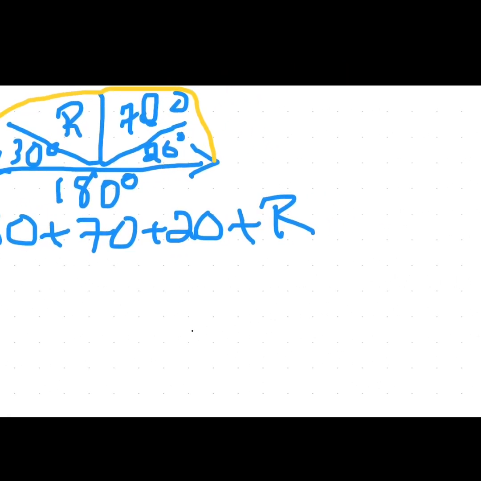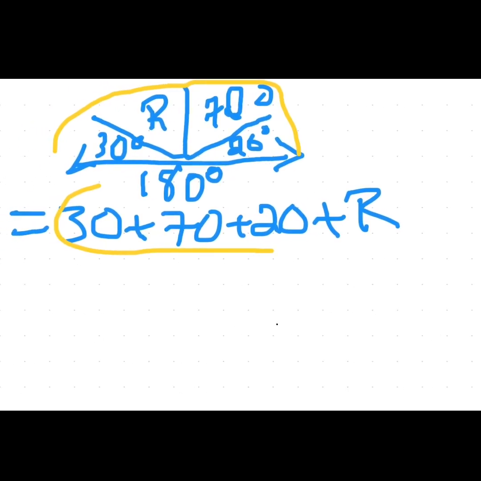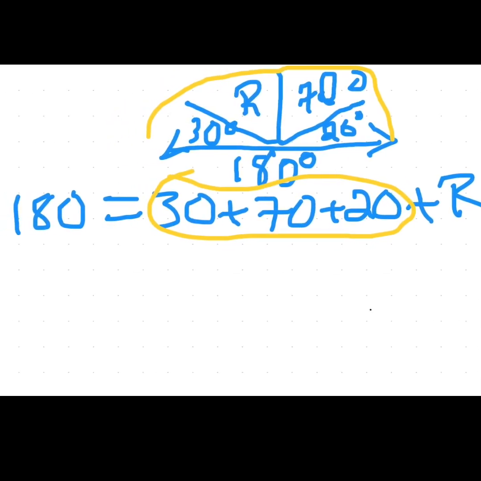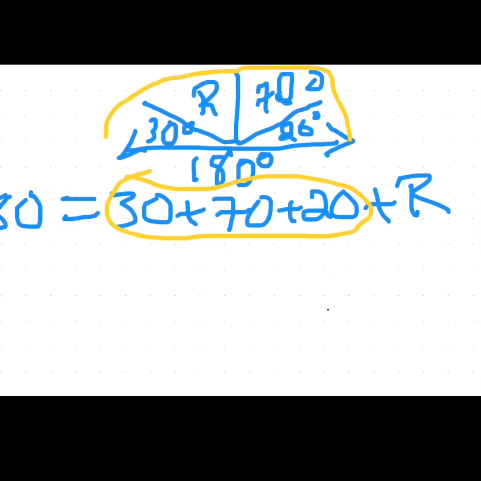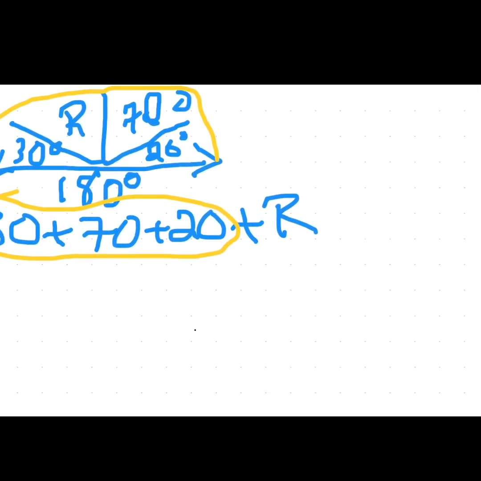The first thing you need to do is take all your numbers that are there and just add them together. We'll do it over here on the side. Here we go. So it's going to look like this. 30, 70, 20.